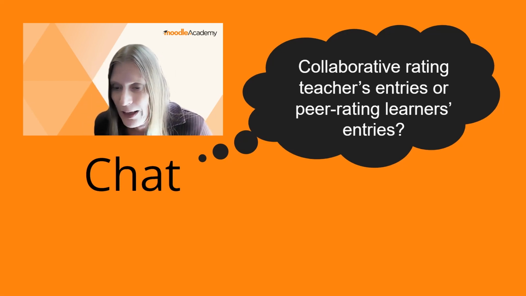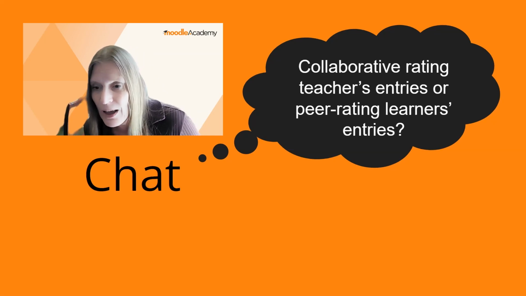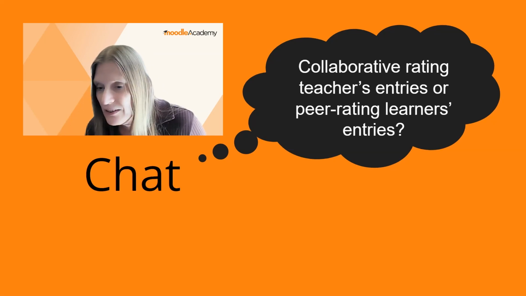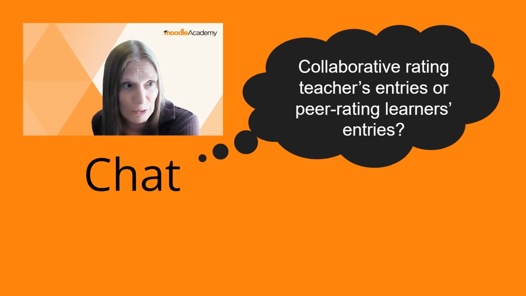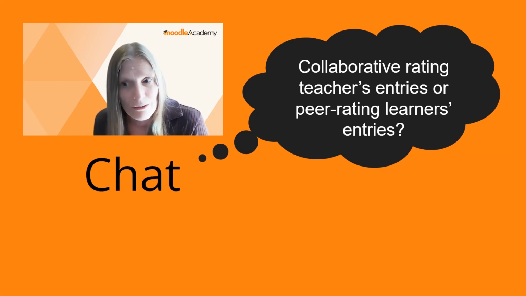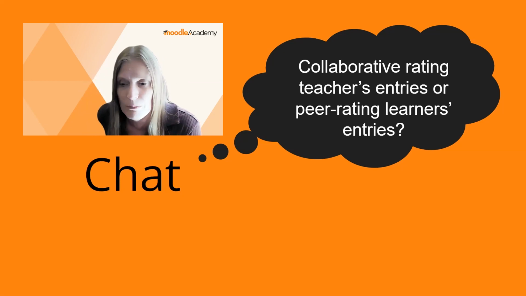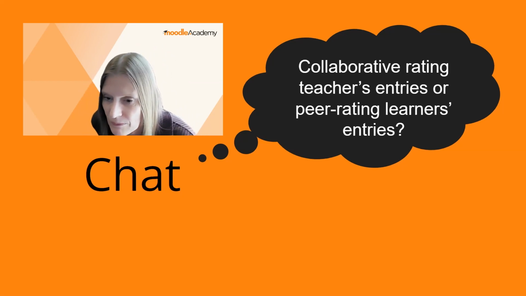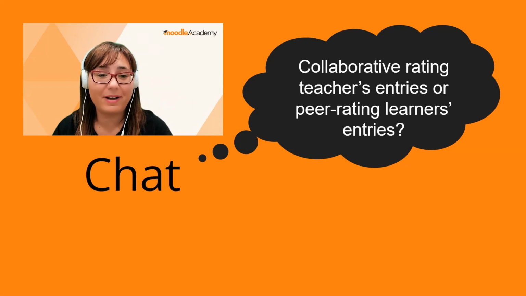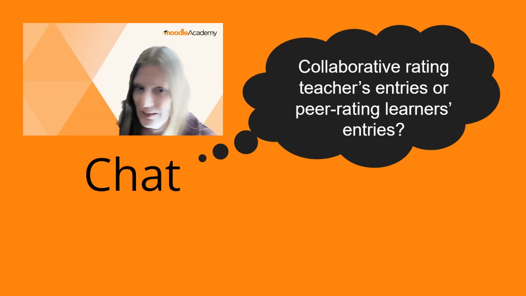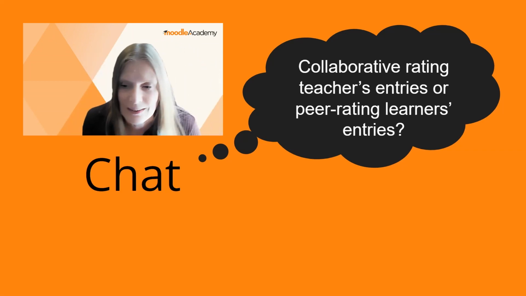Alex, both. It depends. I'm interested to know that Anna is saying this is perfect for writing courses. So you've given Anna an idea for her writing courses there. Daniel is also saying peer rating. Asterios is saying peer rating seems more suitable for glossary. Okay, I think peer rating is winning here, Anna.